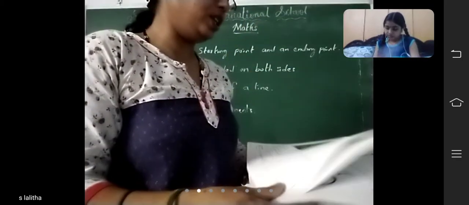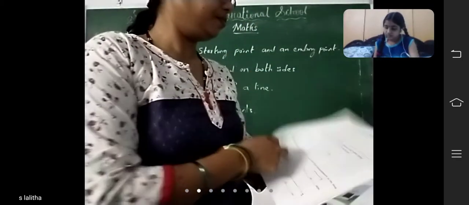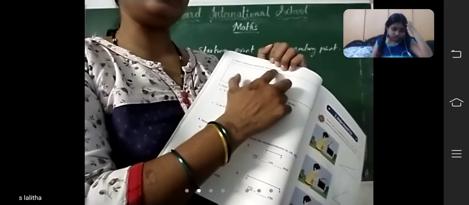And next, on page number 16: draw a few rays and lines, name them.